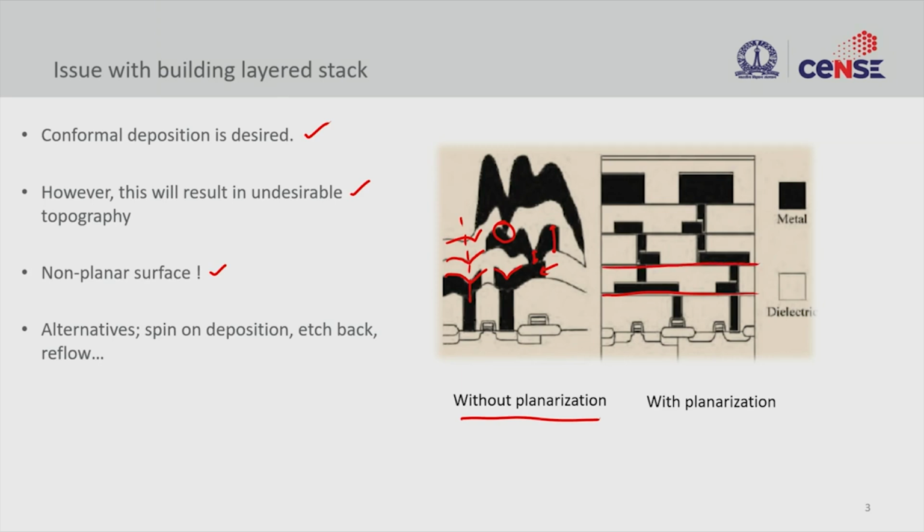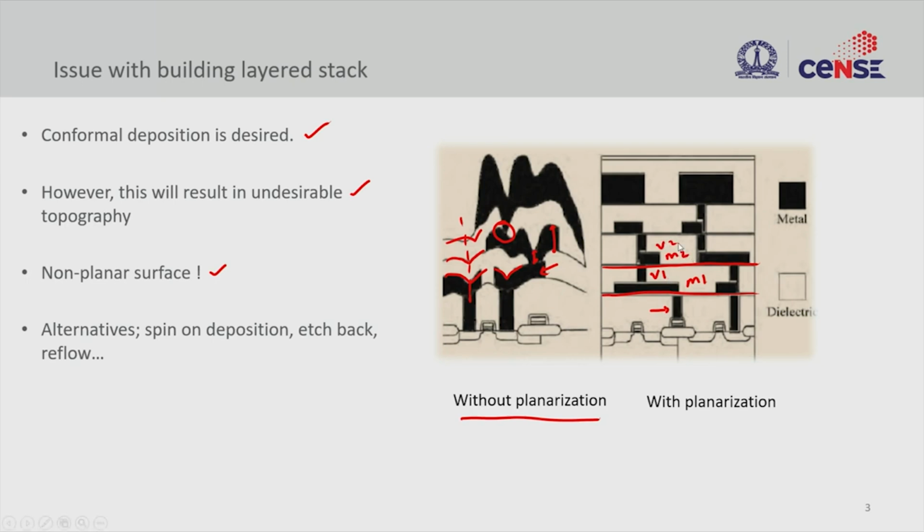Let us say this is the front end and this is your contacts. After doing the contact, you want to make the surface flat, and then you go for metal 1, and then via 1, and you also make it flat, and then you go for metal 2 and via 2 and so on.